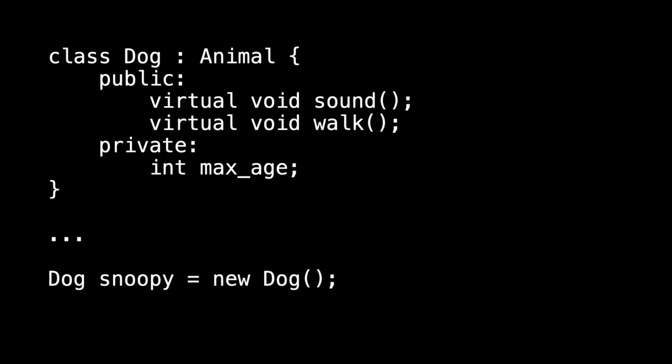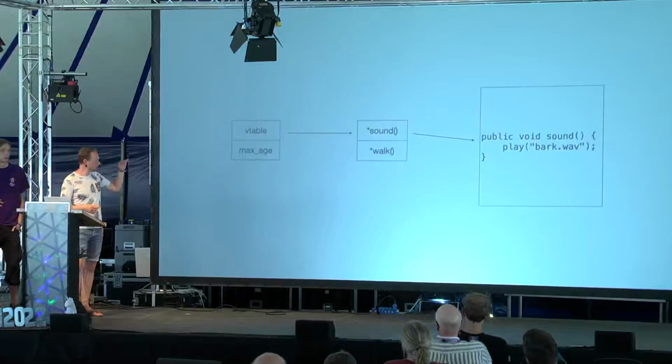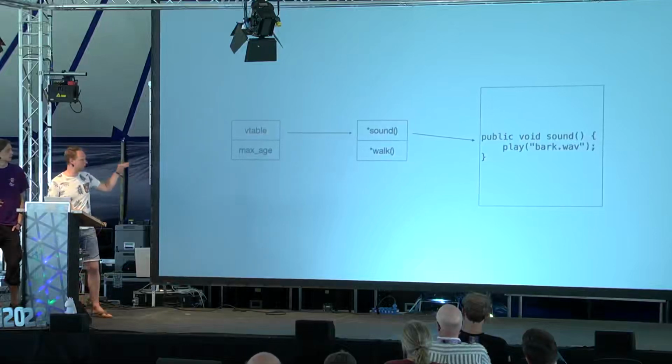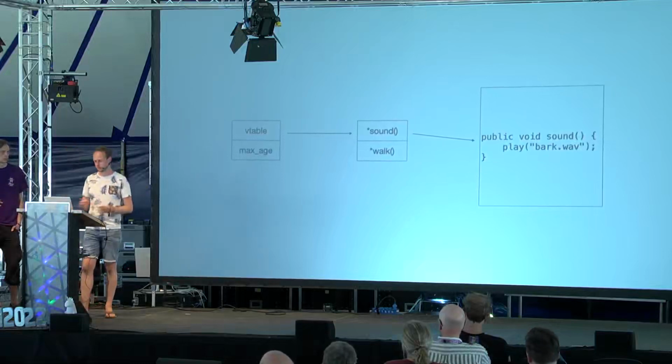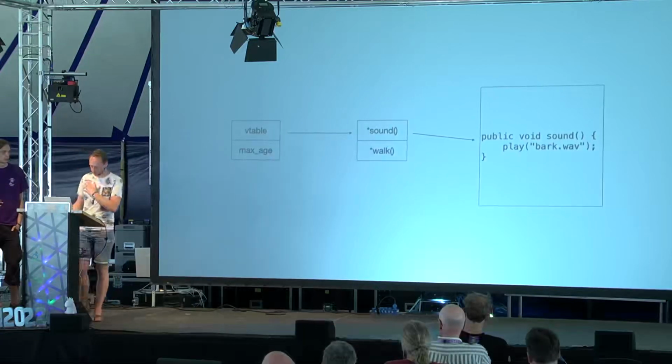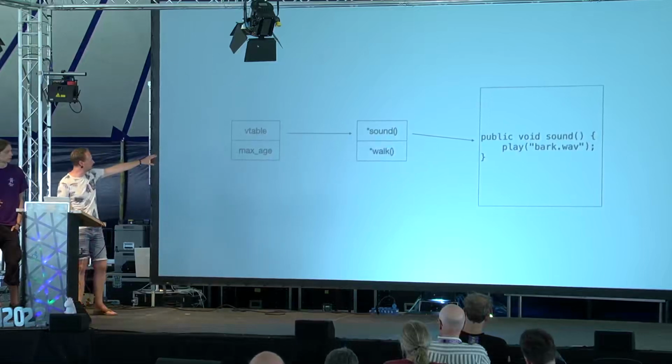How this actually is stored in memory is: at the first offset, you have a pointer to the vtable of the dog object. So it's just a list of pointers to where it can find, for example, the functions sound or walk. And right after the vtable pointer, there are all the instance variables. This is how in C++ an object is stored in memory. So this is all on the heap, or at least the vtable pointer and the instance variables.